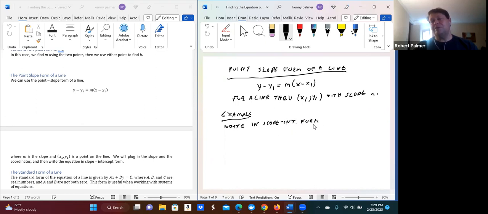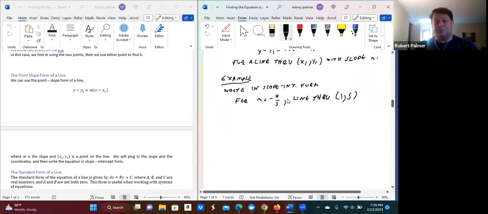We're going to start out in point slope form, then go to slope intercept form. Let's say this time m is equal to negative 4 thirds, and the line goes through 1, 5. So we've already done this one. We're going to show that we get exactly the same result. We're going to plug it into this.